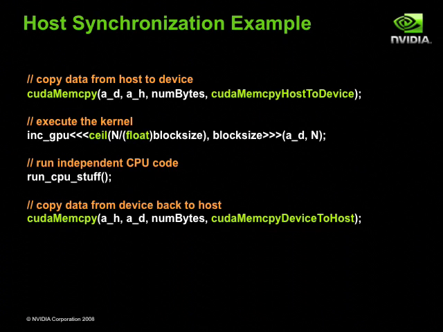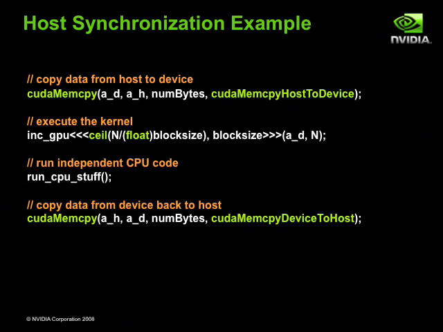The asynchronous kernel launches allow simultaneous execution of host and device code, as demonstrated in the example on this slide. In this host code segment, data is sent to the device using cudaMemcpy, which returns control to the CPU after the transfer has completed. The kernel is then launched, which returns control to the CPU immediately.